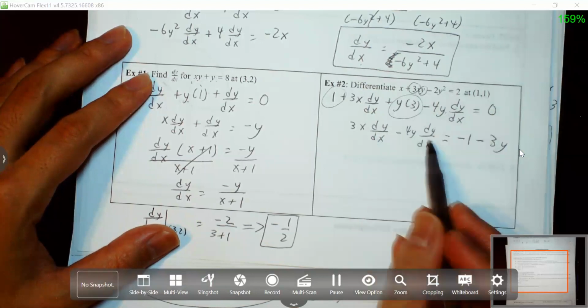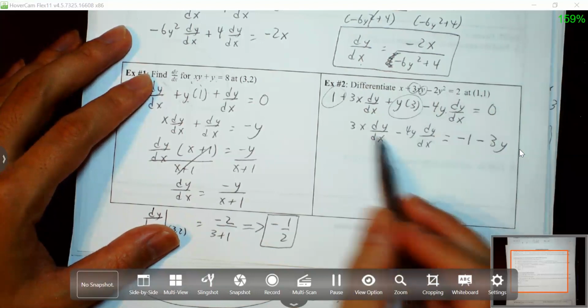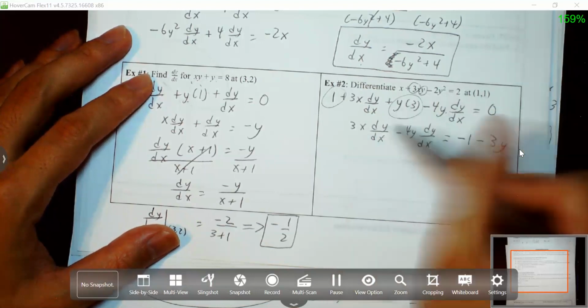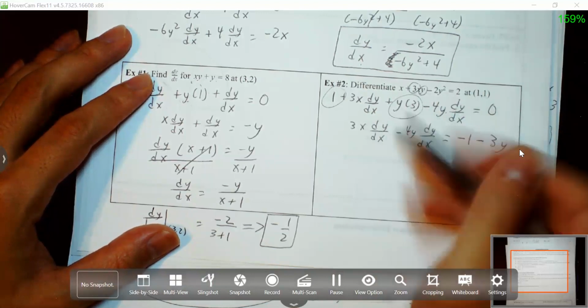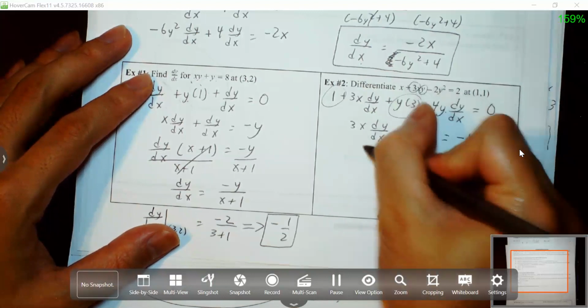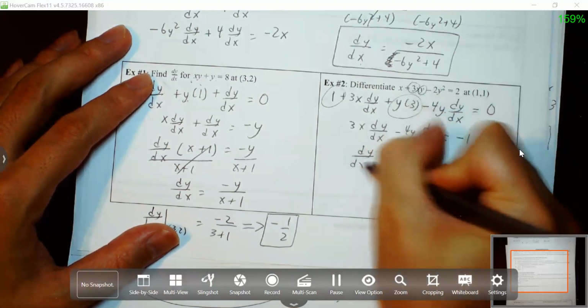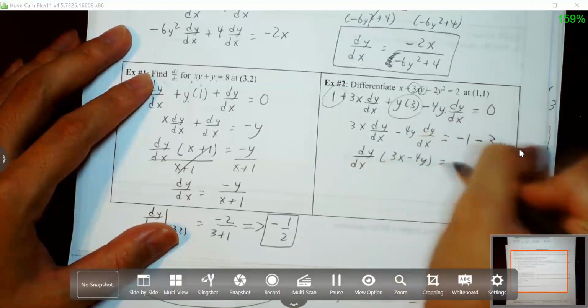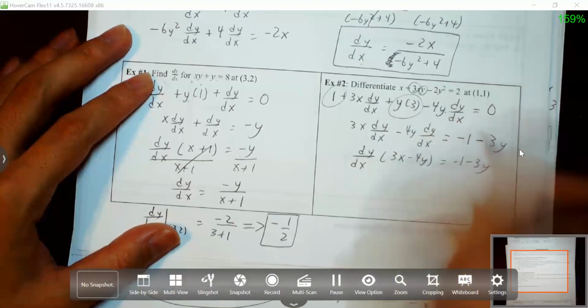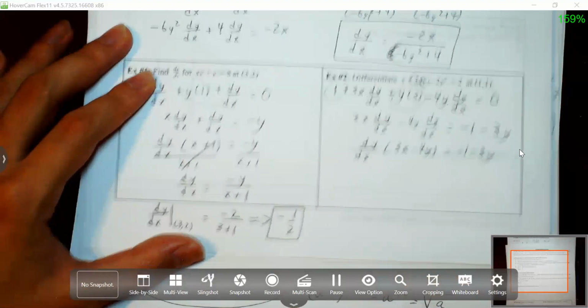And then I factor out a dy/dx. To save space, you could have just done the moving and the factoring all in one step, so you don't have to break it up into 2 steps, but I'm breaking it up into 2 steps. So I factor out the dy/dx, and I get 3x minus 4y.